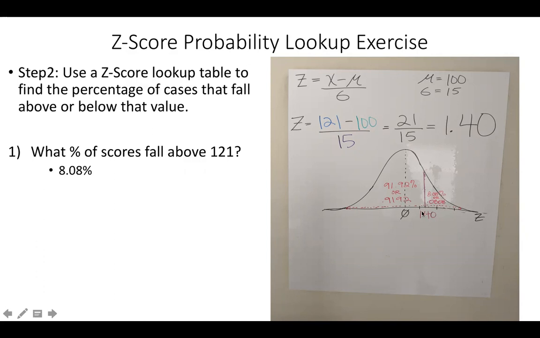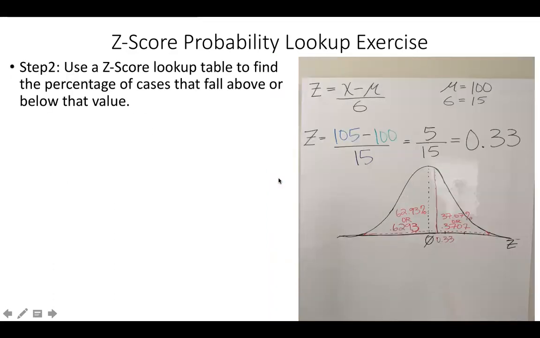So in this case, 1 minus 0.9192 is 0.0808, or 8.08%. So to solve part 1, what percentage of scores fall above 121? That would be 8.08%.